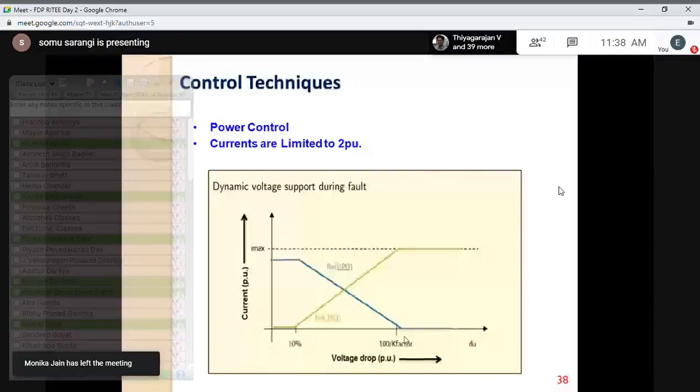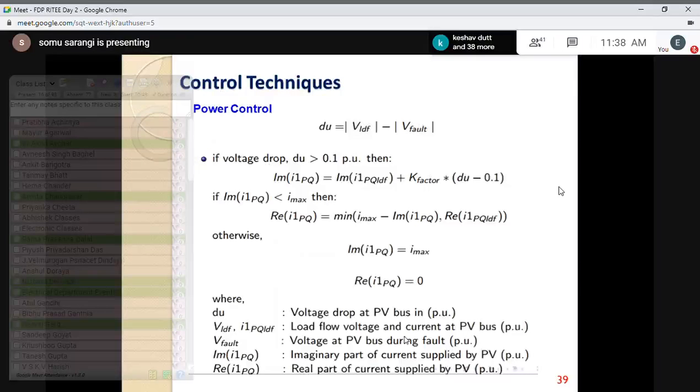And the maximum current we have to limit to 200 because the switches are not able to withstand a higher current. So according to our control technique, we have modulated the fault current. Since the fault current is modulated, that will create a problem for our fault detection technique, which relies on the magnitude of fault current, such as an overcurrent relay.